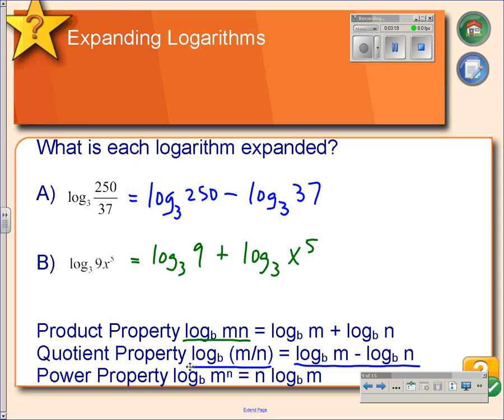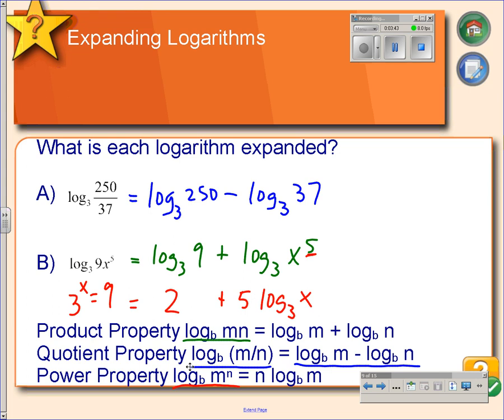And then we can use the power property to move our exponent into a coefficient position. So we get 5 log base 3 of x. And this first log we can calculate because we know 3 to the x must equal 9. Our exponent is 2, so the answer to the log is 2.